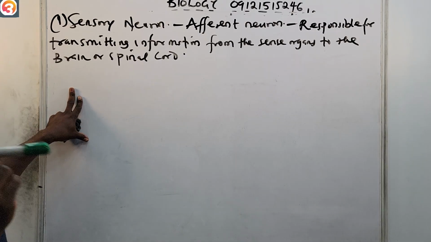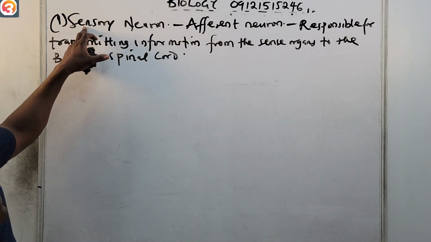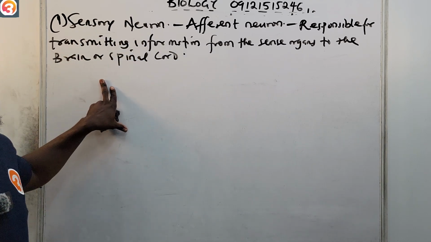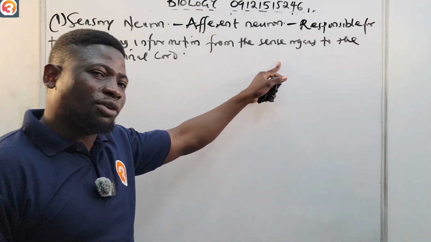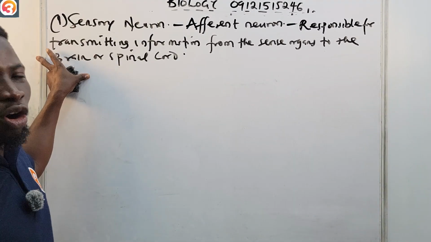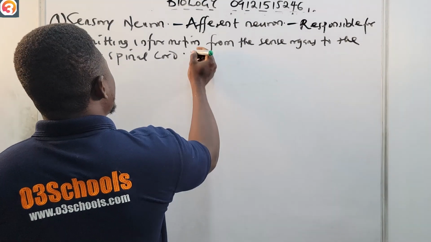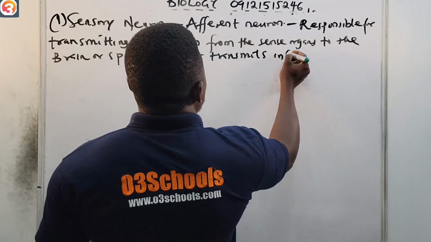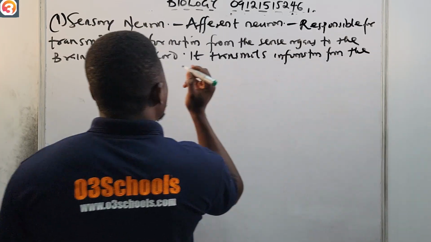So the afferent neuron or the sensory neuron fits its name. Once it's sensory, your mind should go to sense organs. It is responsible for transmitting information from the sense organs, your receptors, to the brain or your spinal cord.